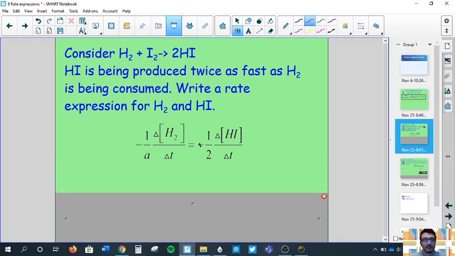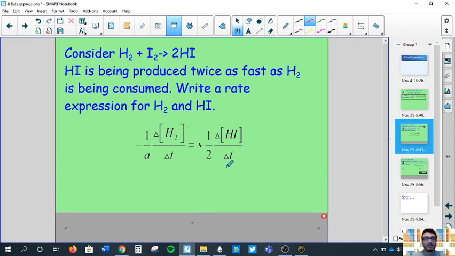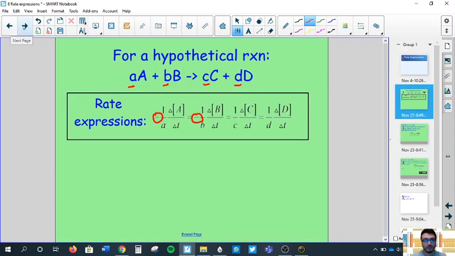So that's essentially the comparison between these two substances and how we can set it up. If we know one reactant or product rate of change, we can figure out the other one in this way because of this overall general relationship.